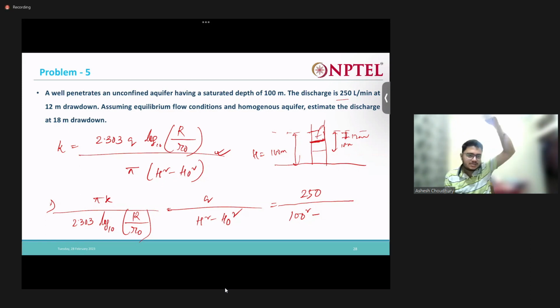Drawdown means the height from the top. So if this is 12, this is nothing but 100 minus 12, which is 88. So 88 square. So if we do this, we will get 250 by 2256. So we represented the unknowns in terms of the knowns, right?